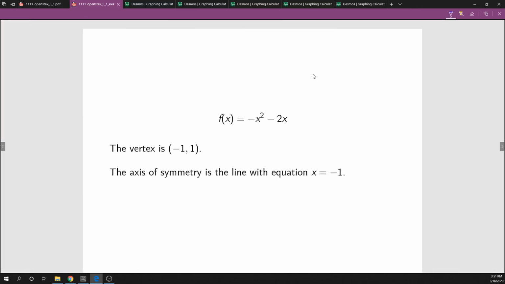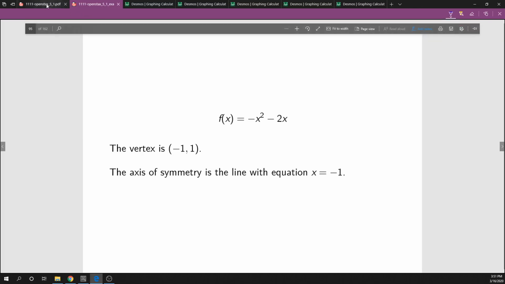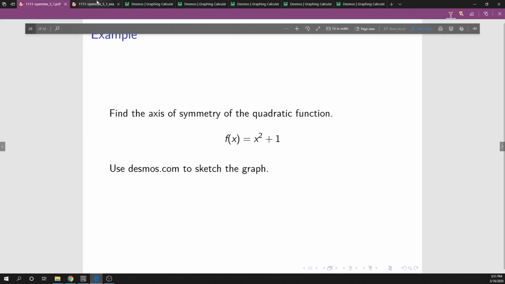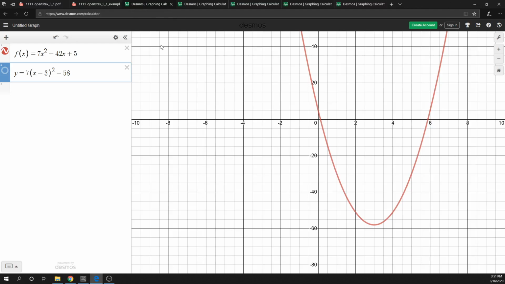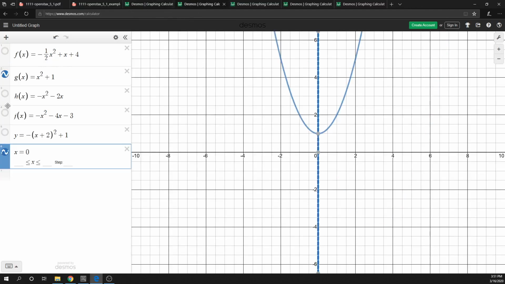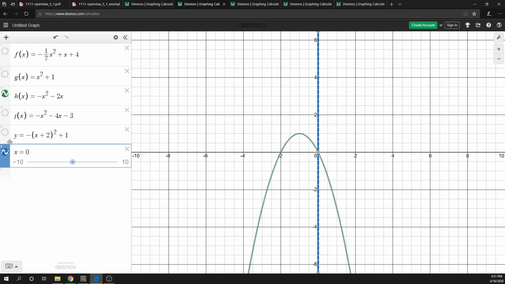So that makes the axis of symmetry x equals -1. Changing that line, we can see that the line x equals -1, the vertical line that goes through -1, goes right through the vertex, and again cuts the parabola in half.